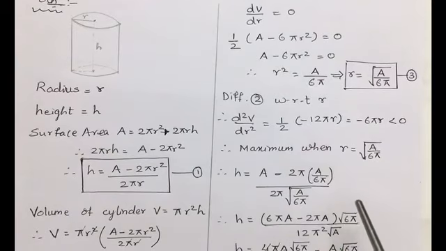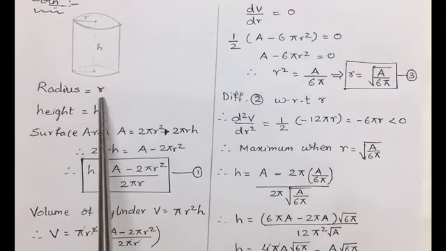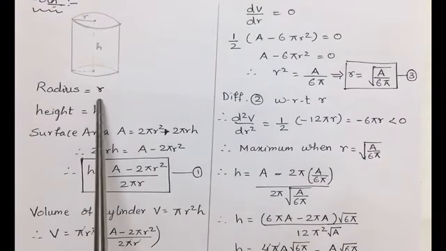Now we need to calculate the height part and show that the height is equal to the diameter of the base. Now the diameter of the base will be 2r. If the radius is r, the diameter will be 2r. So finally we will prove that height h is equal to 2r.